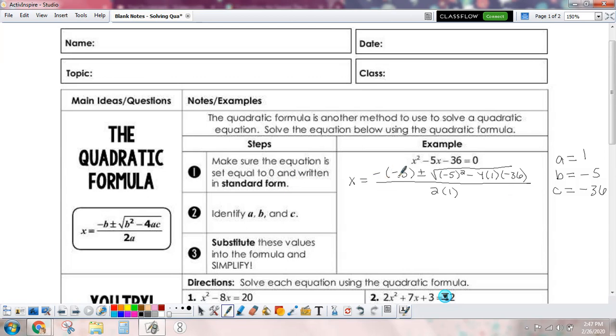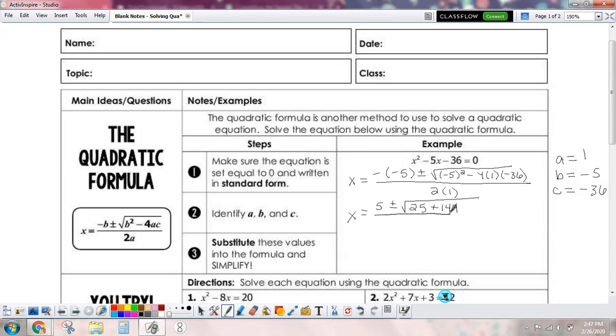I do know that the opposite of negative 5 is a positive 5, so I'm going to put 5 plus or minus, and then we're going to do negative 5 squared. Okay, and that's 25, because remember a negative times a negative is positive, minus 4 times 1 times negative 36. Negative 4 times 1 is negative 4. Negative 4 times negative 36 is 144.